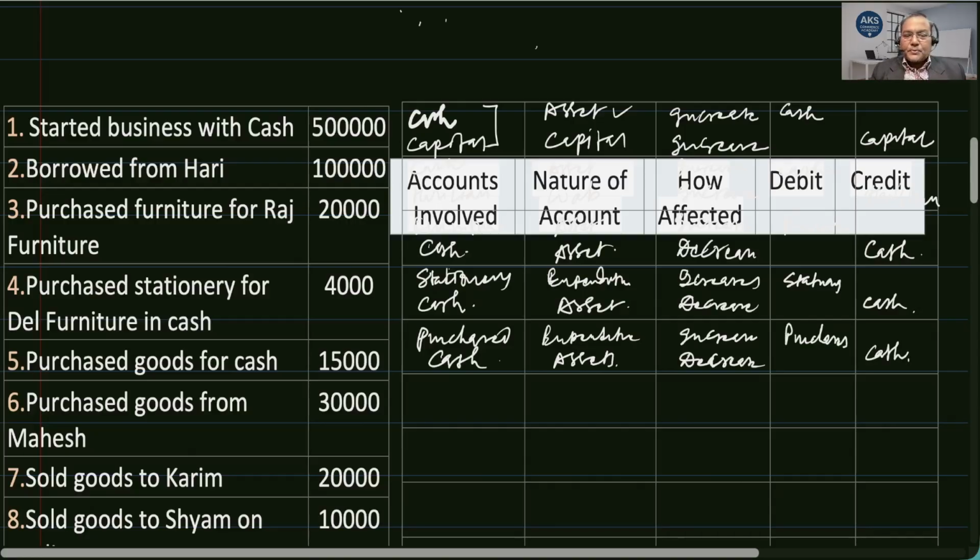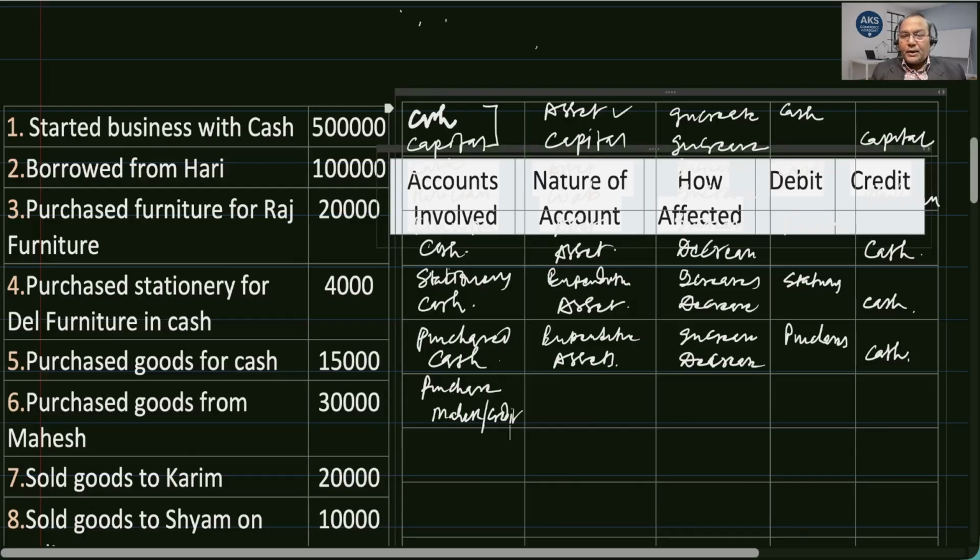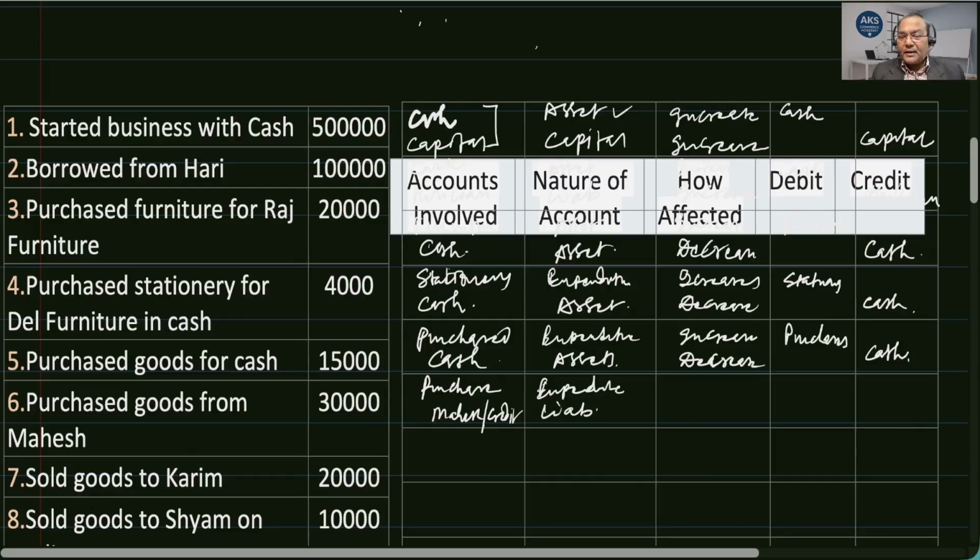Now purchase goods from Mahesh. So again we have purchased some goods from Mahesh. So which are the two accounts that get affected? One is purchase and second one is Mahesh, or we can say creditor. All right. So now nature of account, purchase is an expenditure and Mahesh is a liability. So there is an expenditure increase and liability also increases.